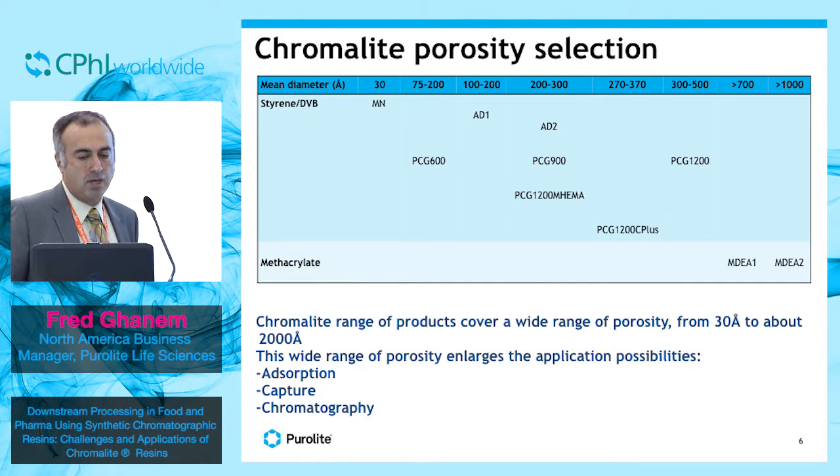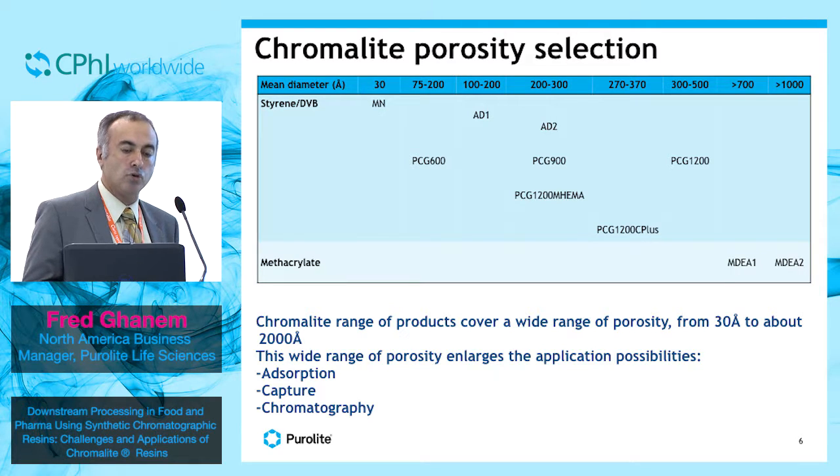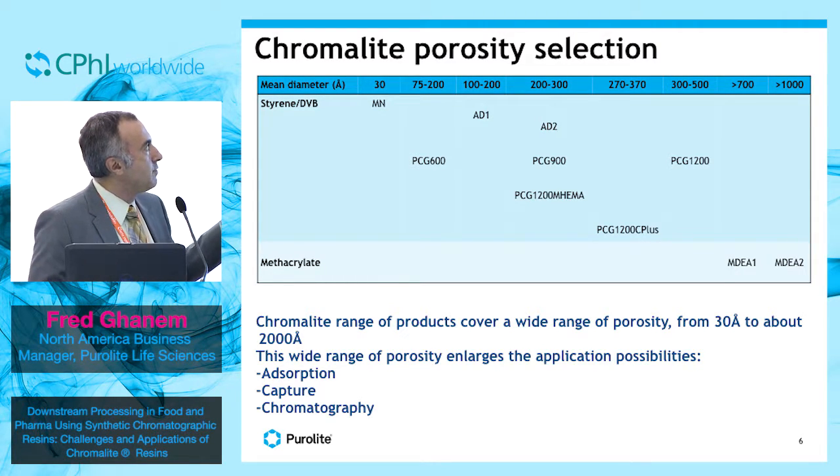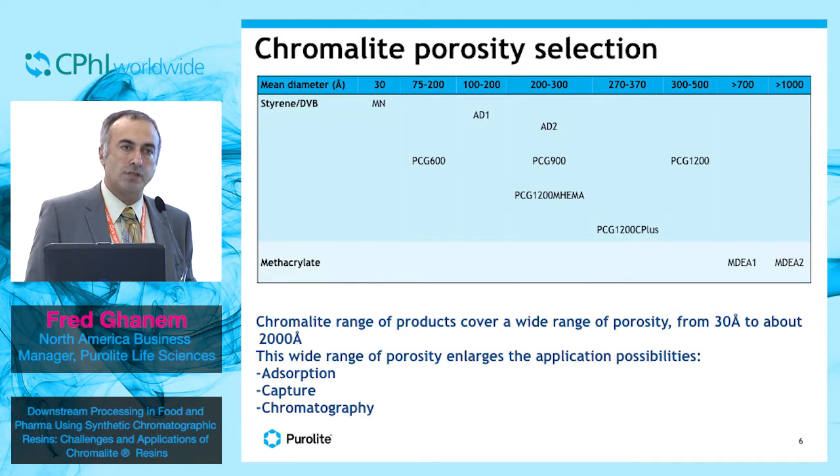The porosity of these products also varies. For example, for the non-functionalized resins, I mentioned the Chromalite MN. It has a very high surface area. To have a high surface area, you have to have a very small pore structure. So the MN is available with a 30 angstrom pore diameter, and you can achieve above 1,500 square meters per dry gram surface area for a very large amount of removal. Most of the time it's used for color body removal when you're dealing with small molecules.